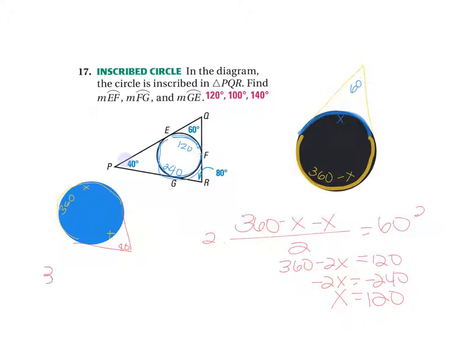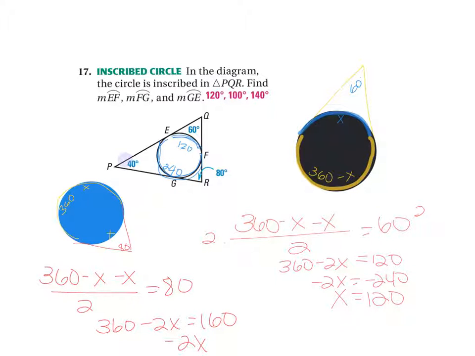So then I would get 360 minus x divided by 2 equals 80. 360 minus 2x would equal 160. Negative 2x would equal negative 200, and x would equal 100. So this arc is 100.